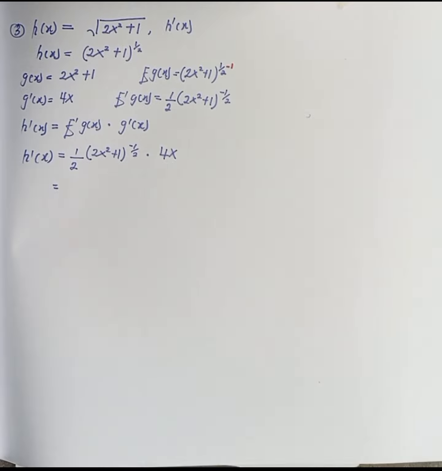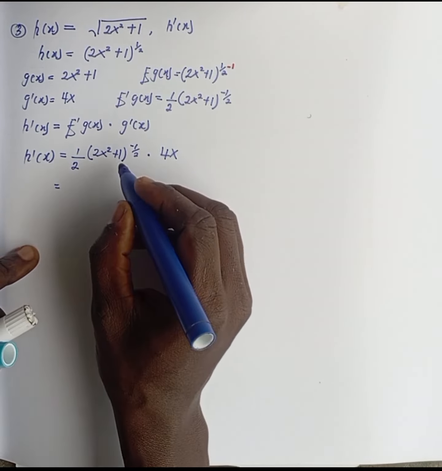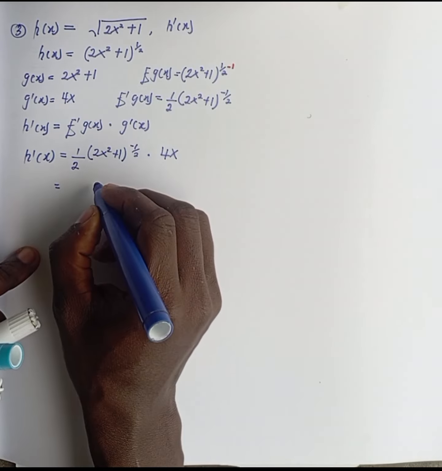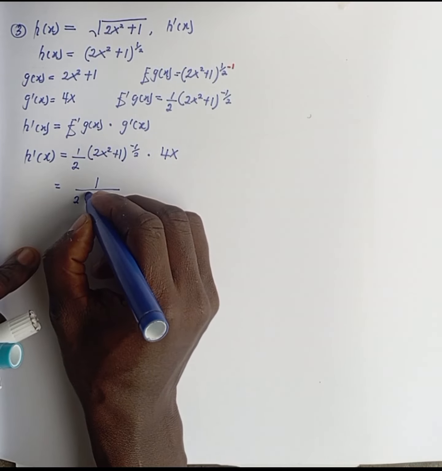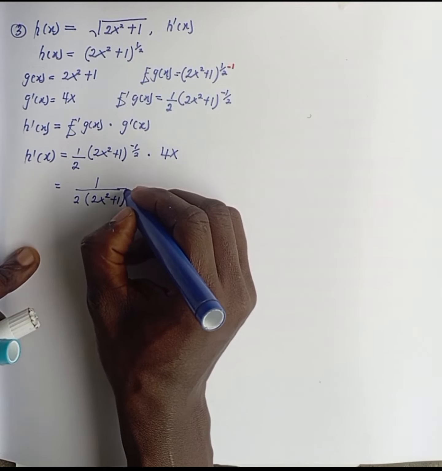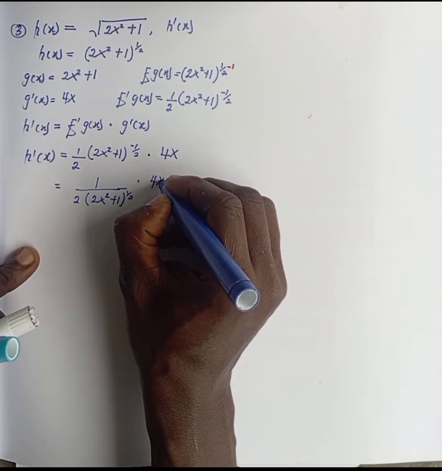So all we are going to do here is to just simplify them. Okay, we know that this raised to the power negative half can be written as 1 all over 2 times (2x squared plus 1) exponent half. So we have that times 4x.